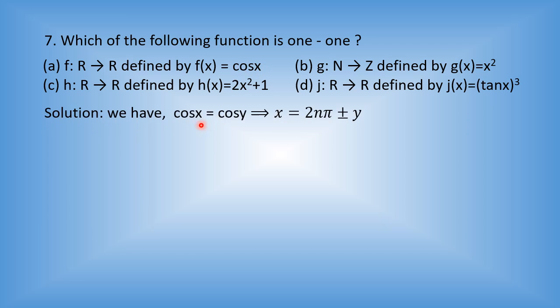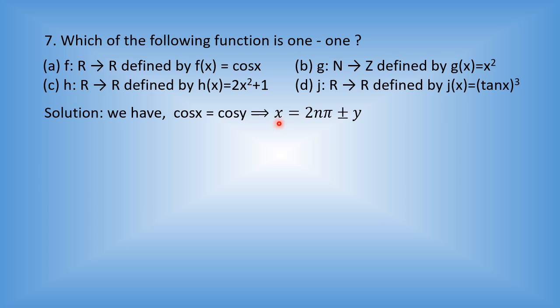So we have one property in a trigonometric relation, that is cos x equals cos y only when x is equal to 2n pi plus or minus y here. That means f of x equal to f of y should imply x equal to y, then only we say that the function is 1-1, isn't it?